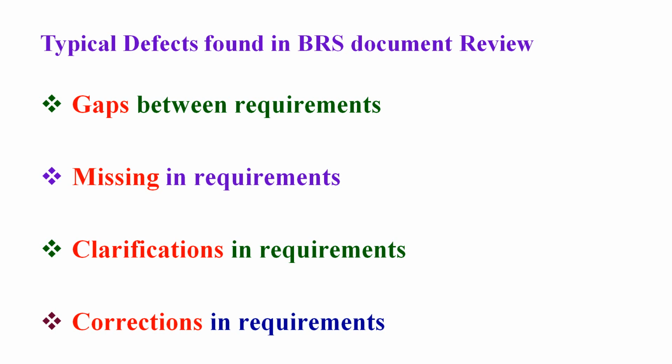Gaps, missings, clarifications, corrections. These are the four types of defects that are possible to find in the BRS document during the review process.